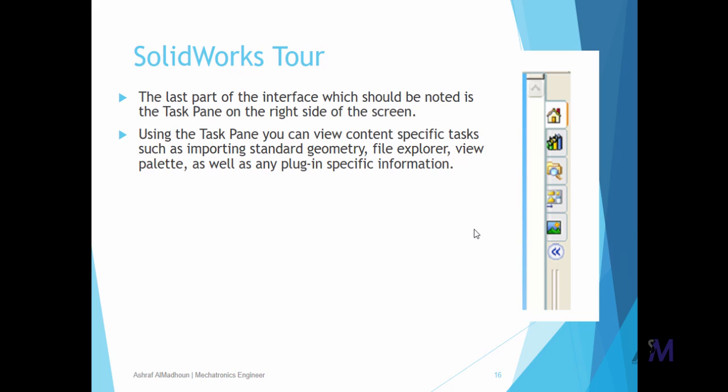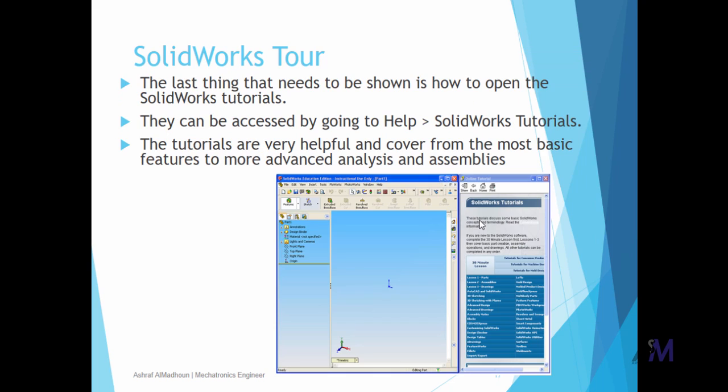Using this task pane, you can view content-specific tasks such as importing standard geometry, file explorer, view palette, as well as any plugin-specific information. So it's really handy when you have plugins, and it will make your job easier to access file explorer or getting your standard geometry information.